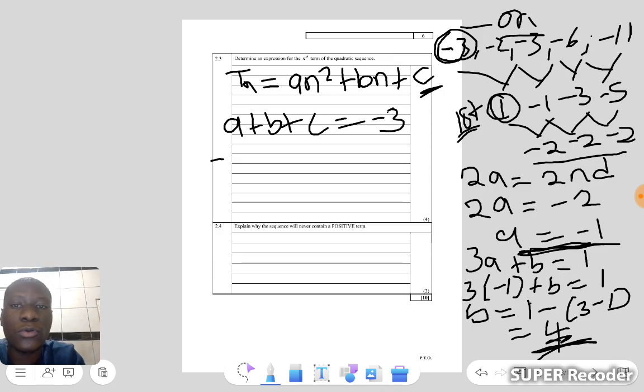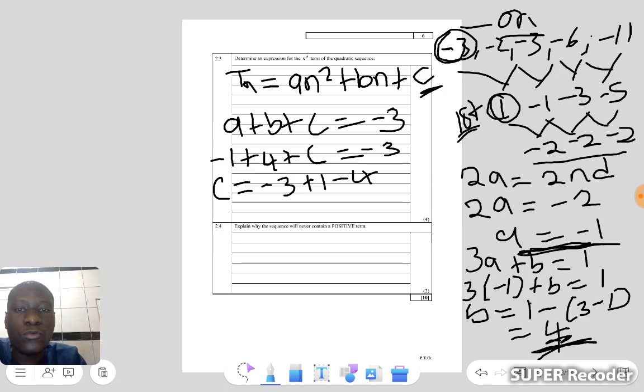So negative 1 plus 4 plus c, our unknown, equals negative 3. So c equals negative 3 plus 1 minus 4. If you sum all of that, you will find the value of negative 6.